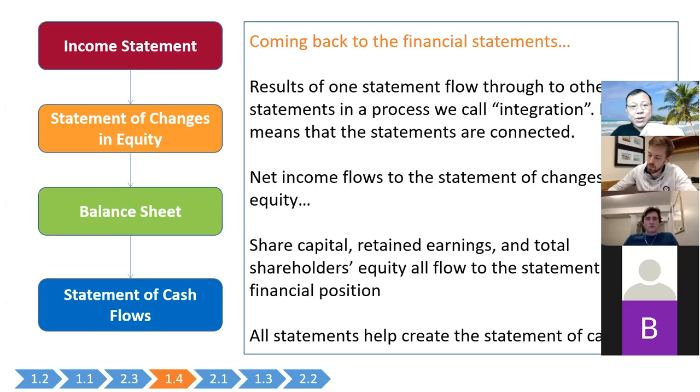If you are in the exams and asked to prepare financial statements, you should follow this order. Otherwise, it will be a waste of time and won't be very efficient. One statement feeds into the other, and then the third, and to prepare the last statement, you need the three statements.